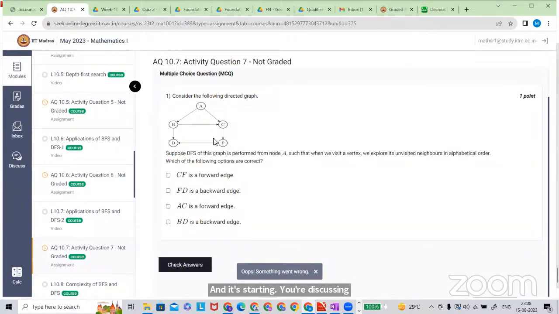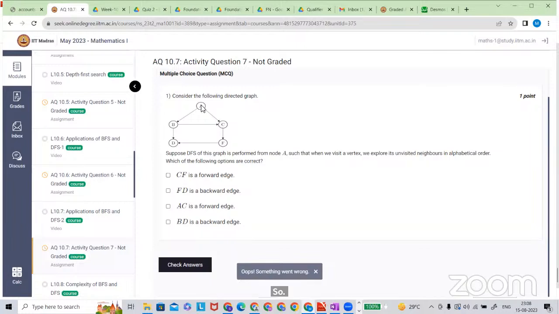I am landing on answer number 1, option A. Option A, but see again in simple words, when will there be a forward or backward edge? Sir, I am unable to get this statement given as per the alphabetical way.